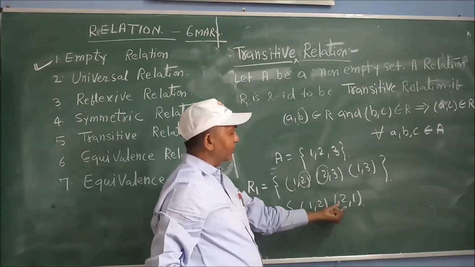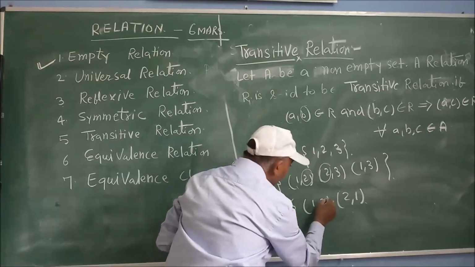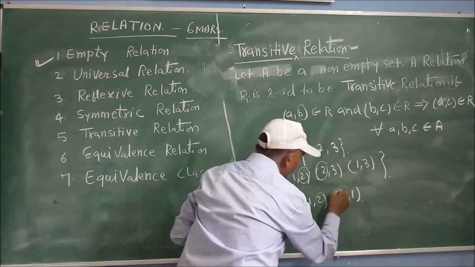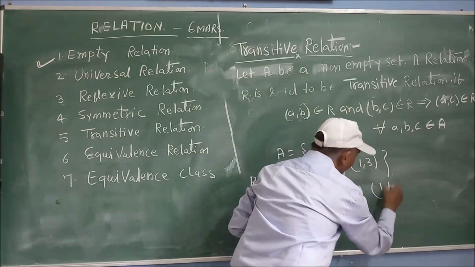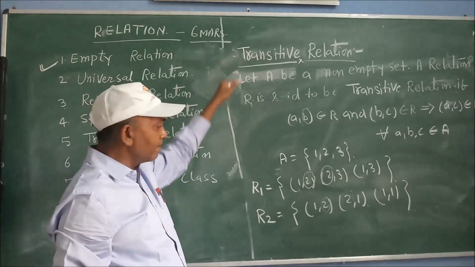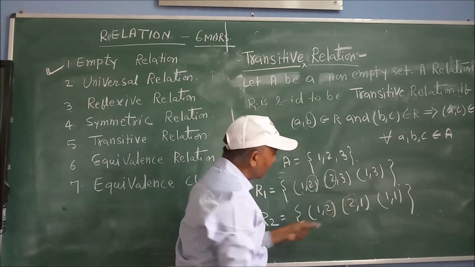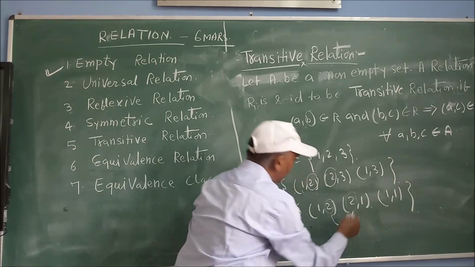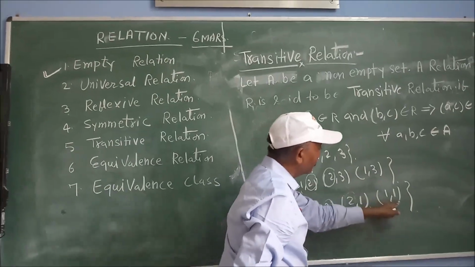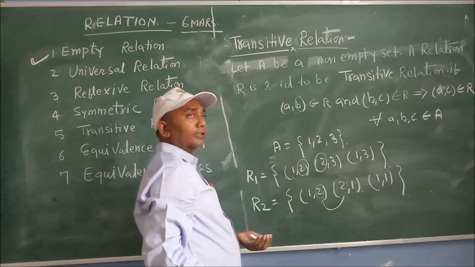This is an example of a symmetric relation, as you know. (1, 2) and (2, 1) both are here. Here see, the second element is 2, the first element is 2. If (1, 1) is there, then this also satisfies the transitive relation. (1, 2), (2, 1): यहाँ second element और इसका first element same है. These two are the same, so (1, 1) must be there. If this is there, then you can say that R2 is a transitive relation.